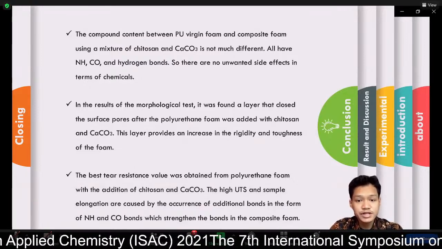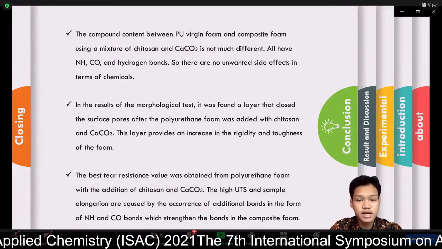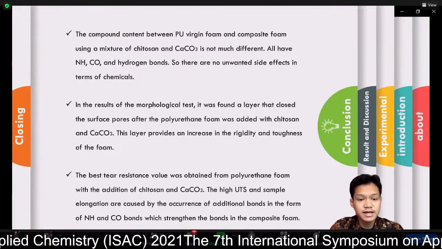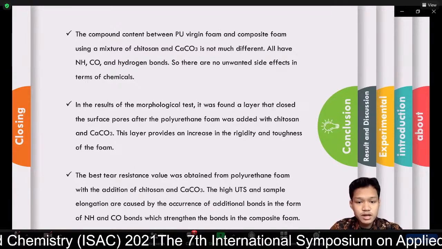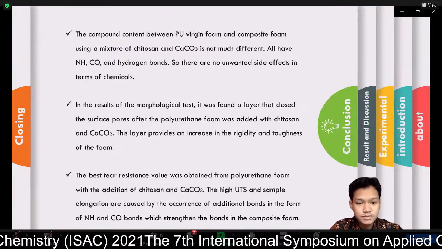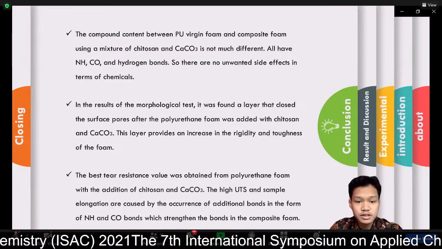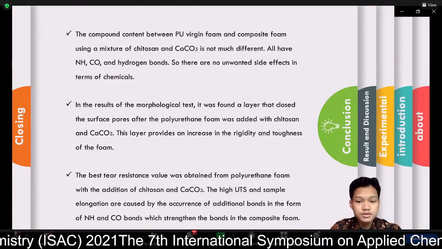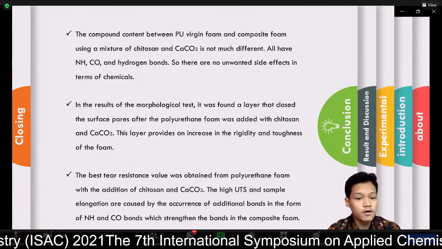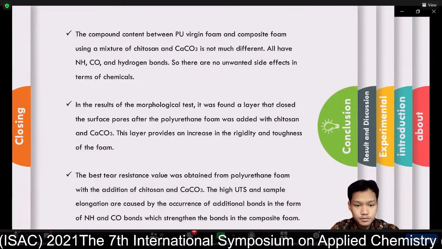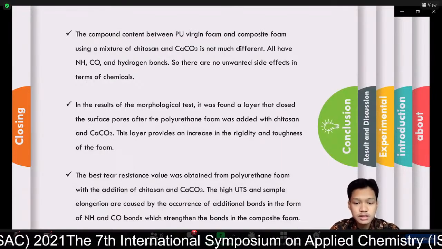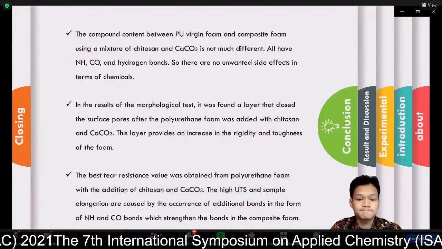The layer provides an increase in rigidity and toughness, and we can see it in the UTS and the elongation. The mix of chitosan and calcium carbonate forms NH and CO bonds, which strengthen the bond in the composite foam.